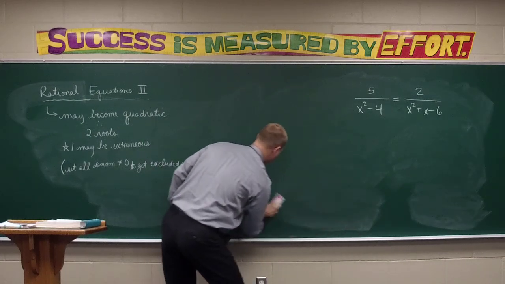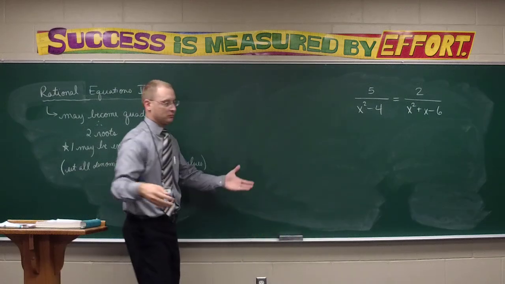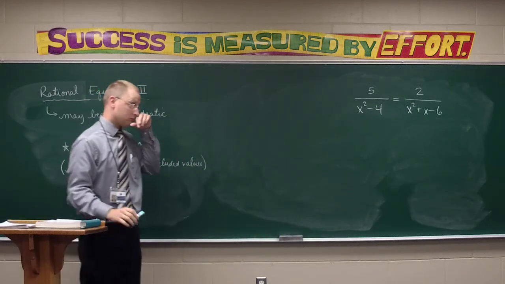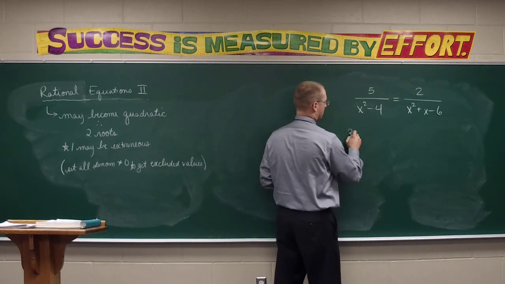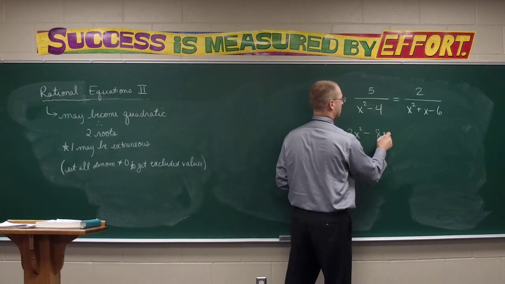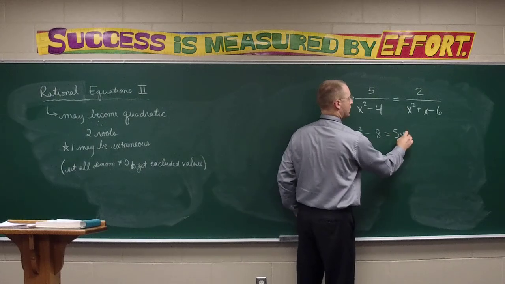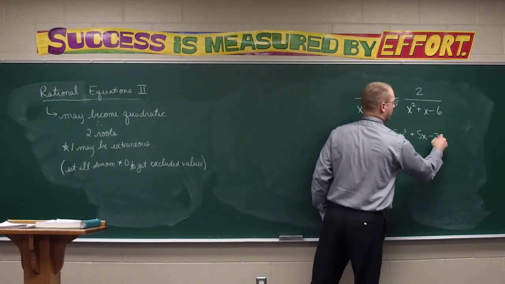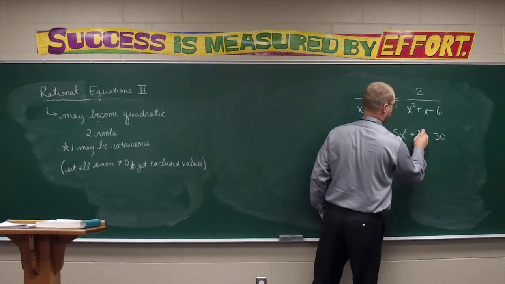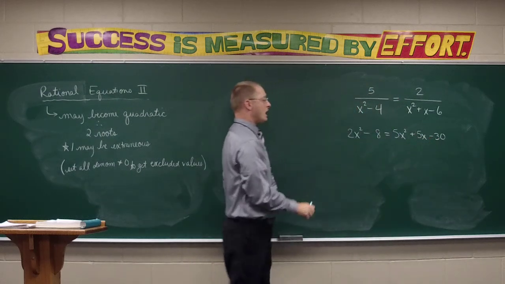But it's still a proportion, so I just cross multiply. Kendall? 2x squared minus 8 equals 5x squared positive 5x negative 30. That is a 5, not an S. It just didn't look much like a 5.